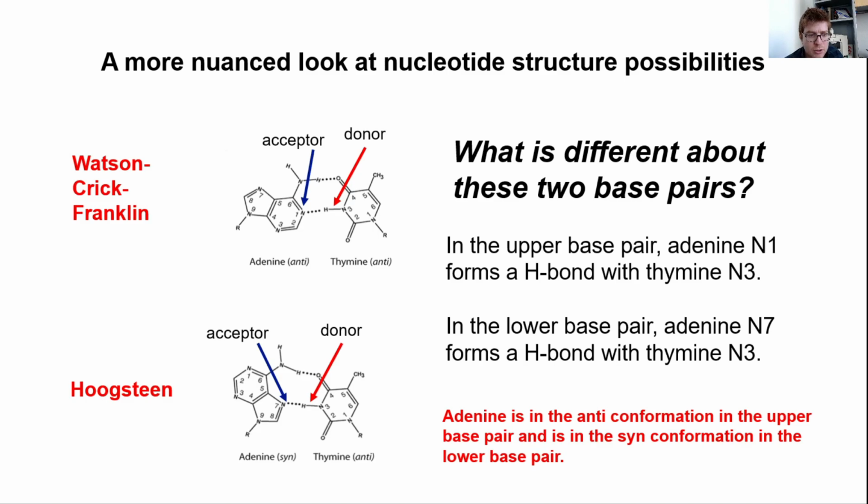So what is different about these two base pairs beyond the fact that it's anti-anti versus syn-anti? Well, if we take a closer look at which hydrogen bond acceptors and donors are involved, in a traditional Watson-Crick-Franklin base pairing interaction, we're seeing interactions between nitrogen 1 and nitrogen 3 of the adenine and thymine, whereas in this case, nitrogen 7, which is usually far away from the scene of a base pairing interaction, because we're in the syn conformation, in this lower Hoogsteen base pair, we're seeing an interaction between nitrogen 7 now and nitrogen 3 in the thymine.